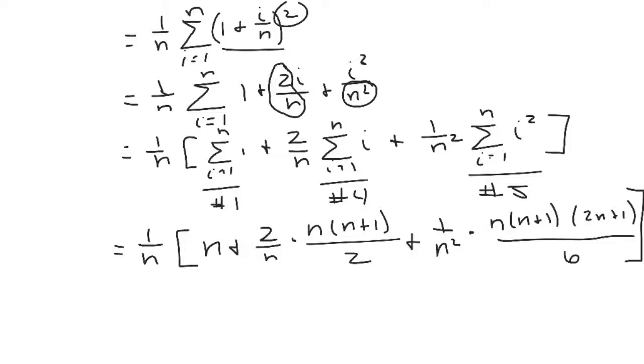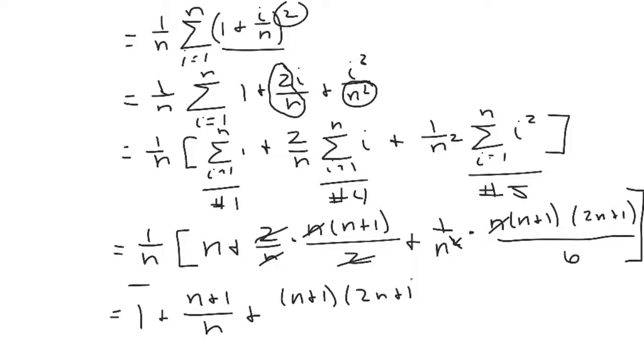I'm going to distribute this 1 over n to all of the terms, and I get 1, because 1 over n times n is just 1, plus this cancels out with that, that cancels out with that, and then I get 1 over n times that is n plus 1 over n, and then I get this cancels out with that, and I get plus n plus 1 times 2n plus 1 over 6n squared.